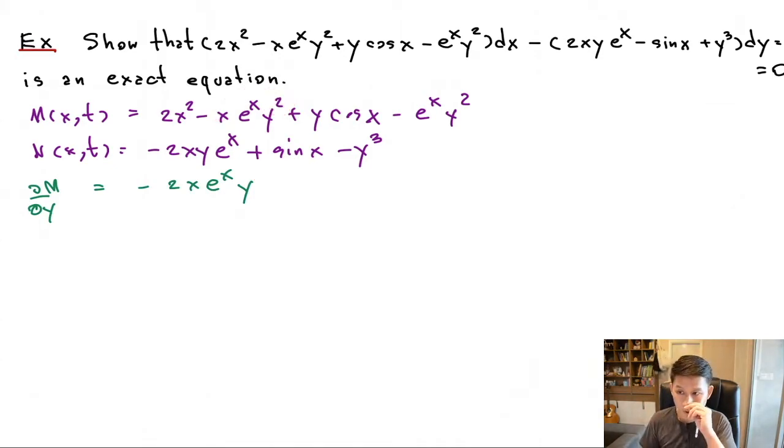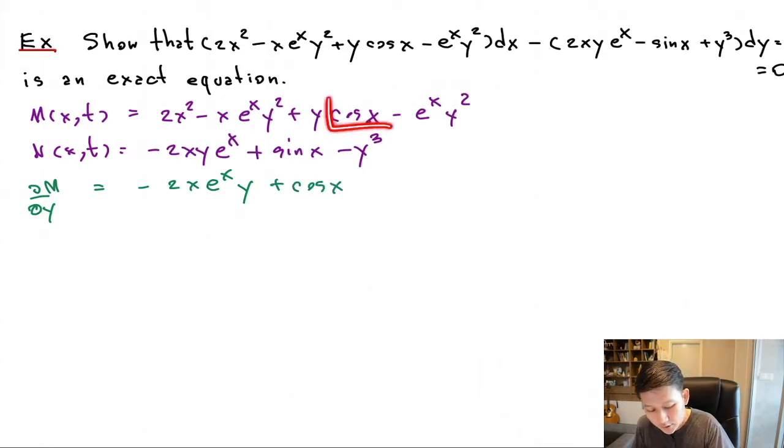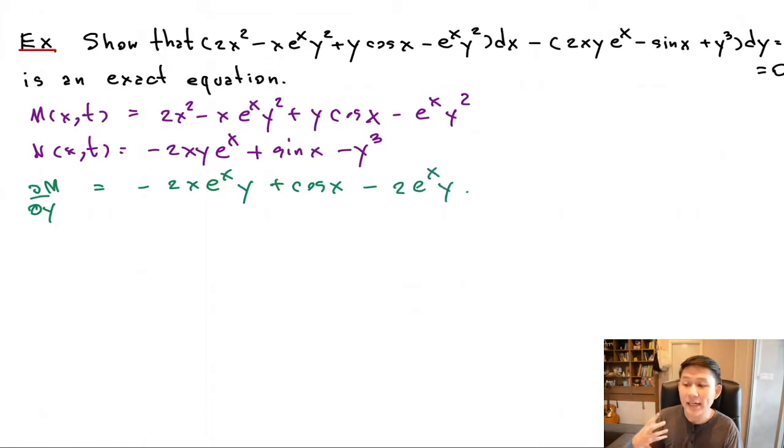And then plus cos x, which is just a constant, so the derivative of a constant times y is a constant. And then the last term is 2e to the xy. And that is ∂M/∂y.